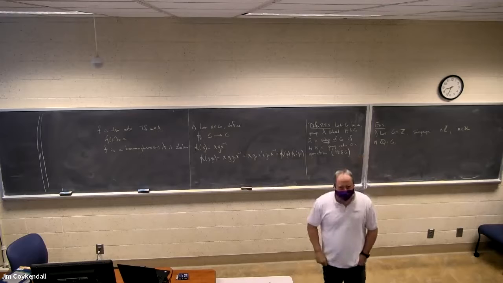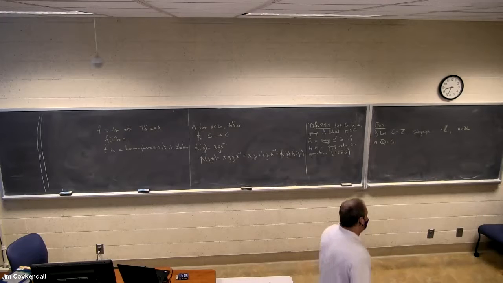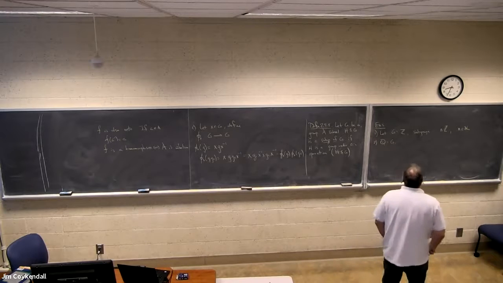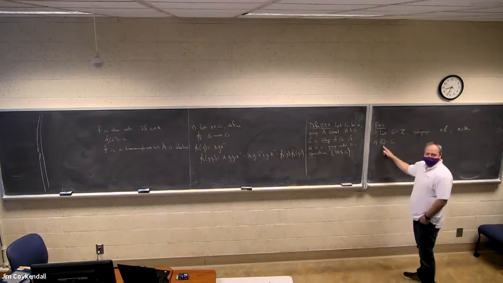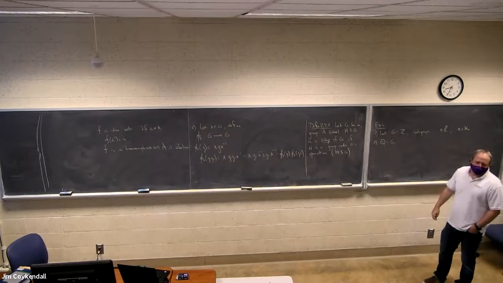The rationals under multiplication, or I'm sorry, under addition, is more complicated. In fact, one subgroup is Z, right? And you've got the identity, but you also have all kinds of other things.